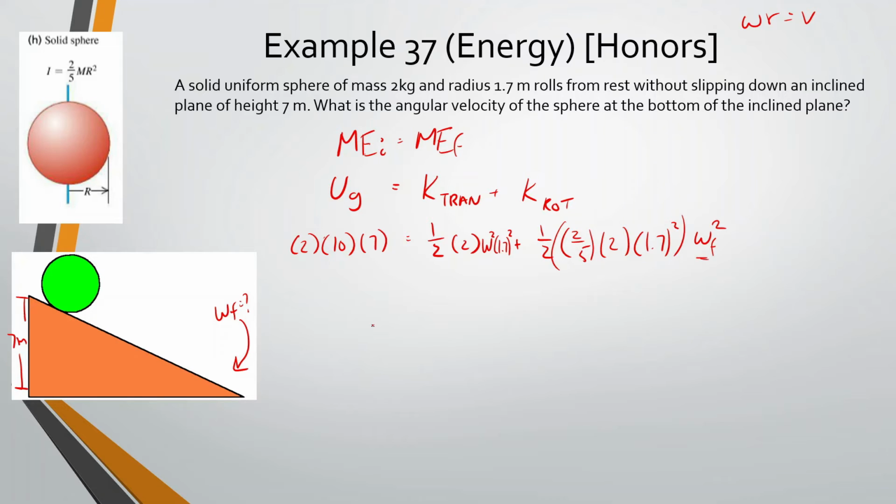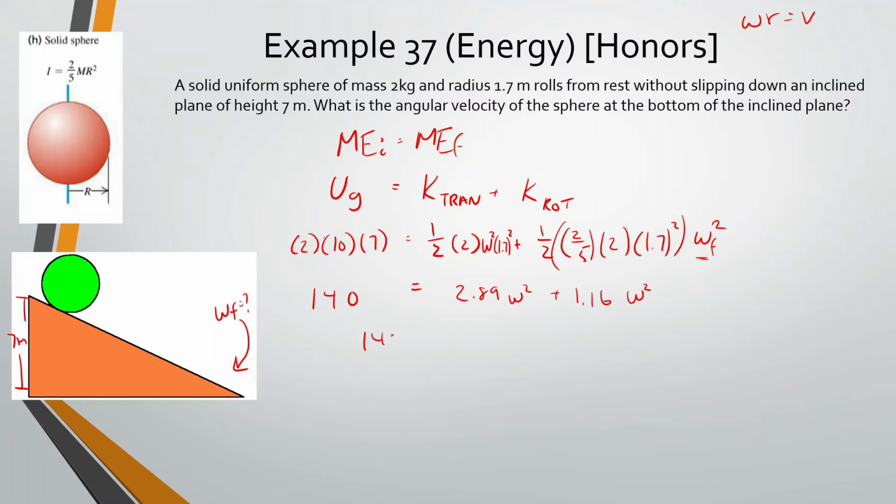Okay, all right, so now let's put this into our calculator and simplify this as best we can. 2 times 10 times 7, we get 140, is equal to 1.7 squared, so this is going to be 2.89 omega squared, plus, this is going to be tough, 0.5 times 2/5 times 1.7 squared, and it's going to be 1.16 omega squared.